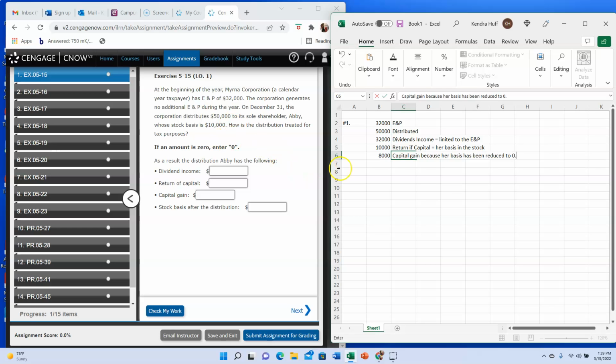All right, she had a basis of 10, and when you had that return of capital, that reduced it to 0. So 0 is her stock basis after distribution: 10 was her basis minus the 10 return of capital.